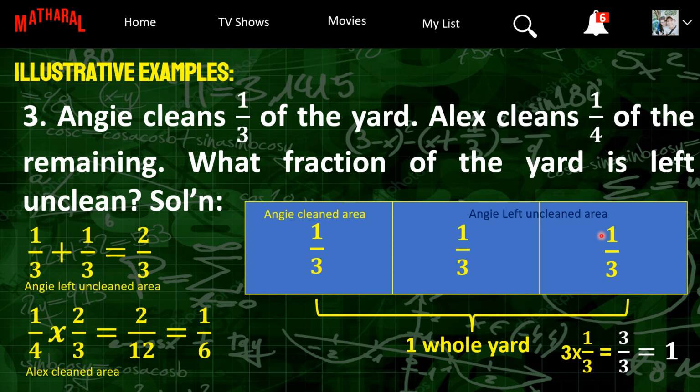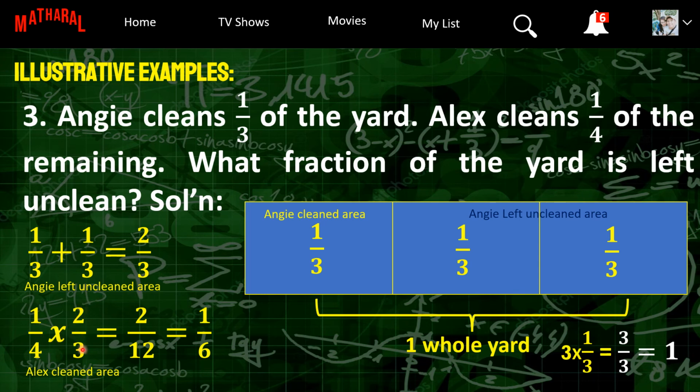So yan yung hindi niya na po nalinisan. So ngayon, nabanggit na Alex cleans 1/4 of the remaining. So ang gagawin lang natin dyan, process naman po tayo ng multiplication. So 1/4 lamang ang nalinisan ni Alex doon sa natira. Ang natira po ay ito yung 2/3 na nabanggit dito, Angie left uncleaned area. That is 2/3. So now, we're going to multiply 1/4 to 2/3.